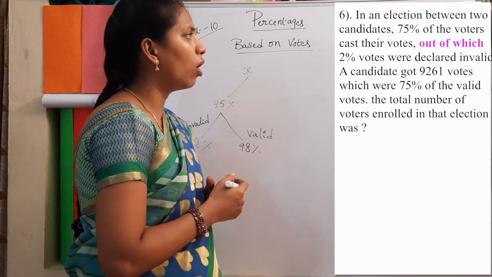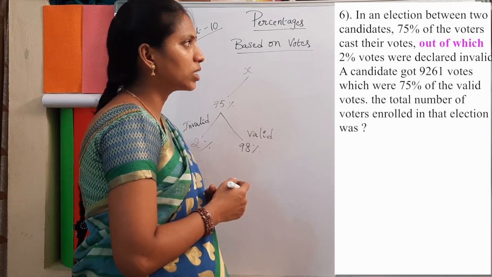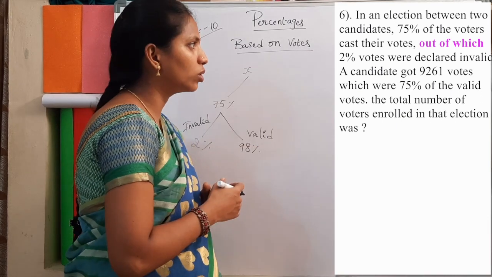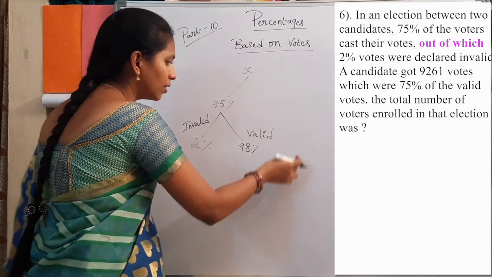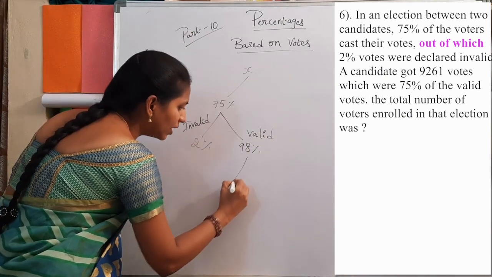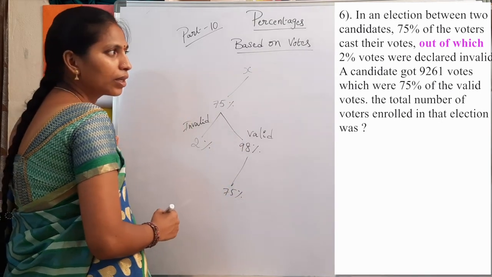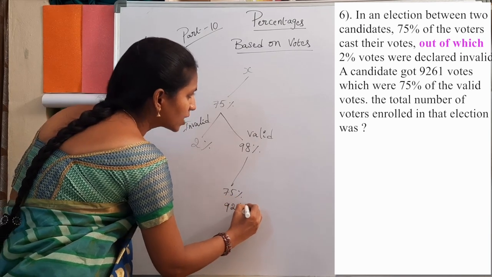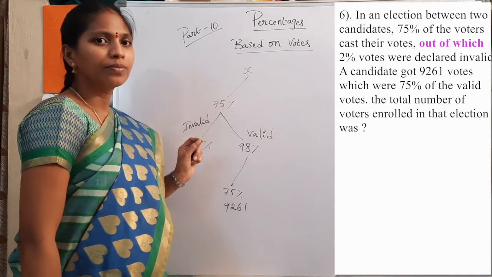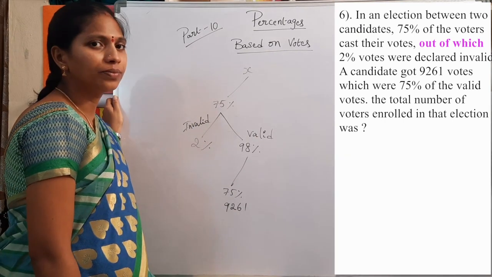A candidate got 9,261 votes, which were 75% of the valid votes. These are valid votes. So 75% of valid votes are equal to 9,261. Okay, these are the details given in the question.